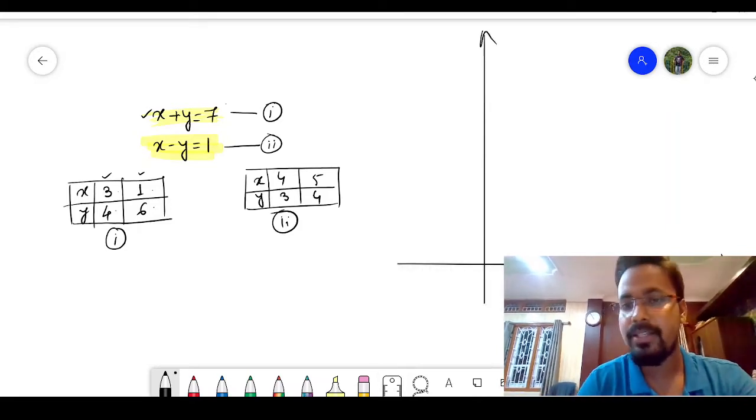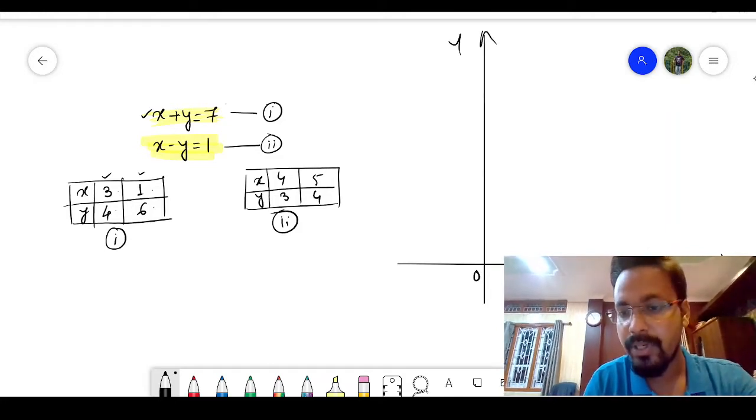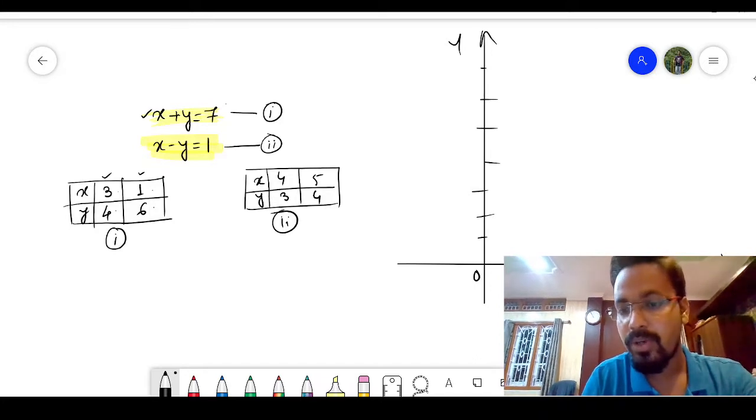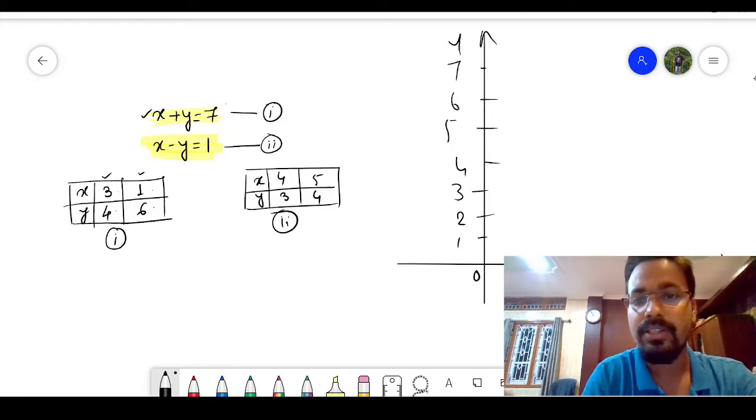So this is our x, this is our y, and as usual we are going to plot some points. I am randomly putting some marks here. Make sure you do this with proper scale, proper measurement. So these are 1 2 3 4 5 6 7, and 1 2 3 4 5 6 7.